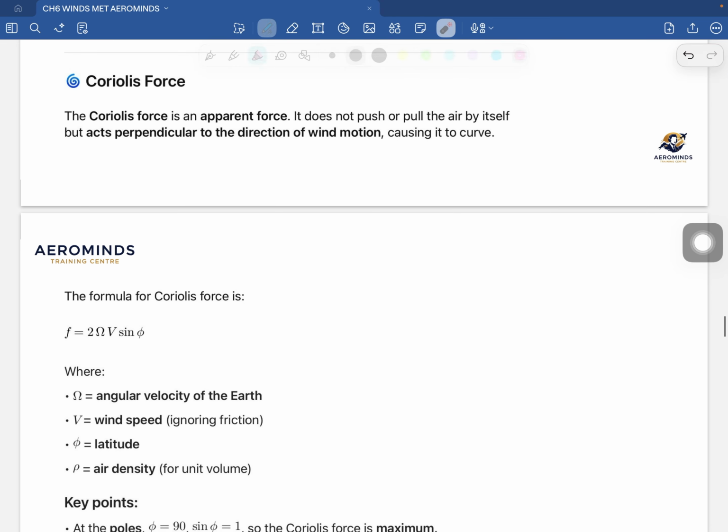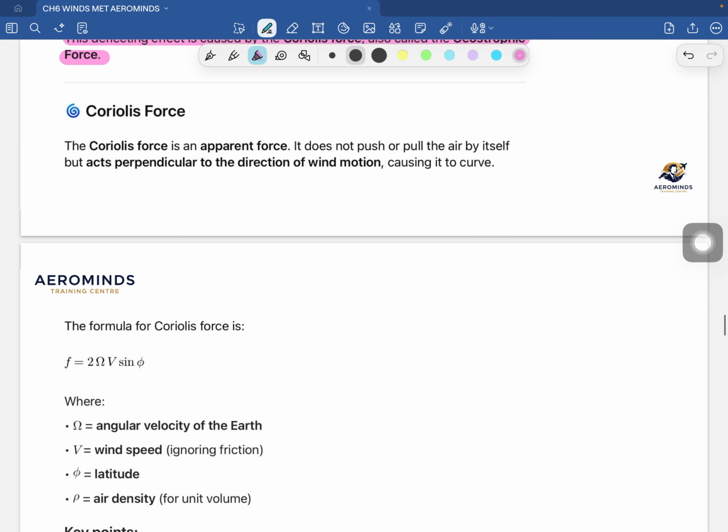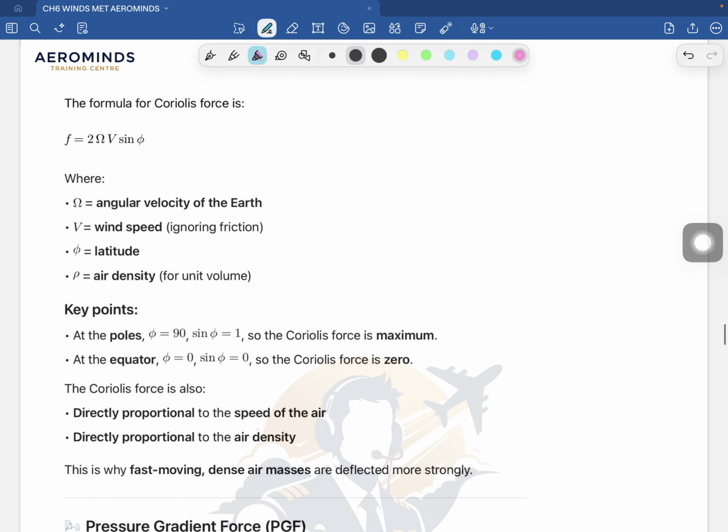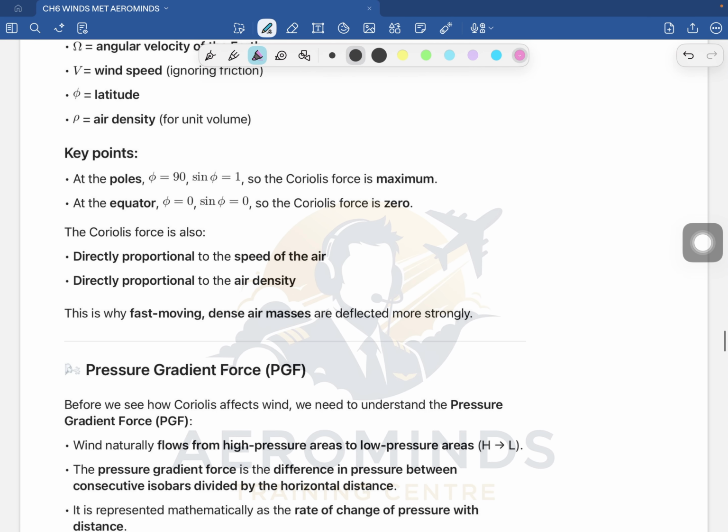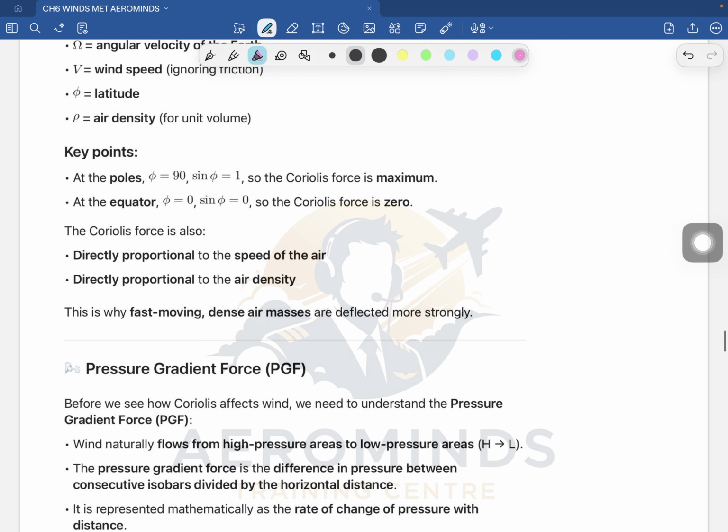So remember that Coriolis force is an apparent force. It does not push or pull the air itself, but it acts perpendicular to the direction of the motion, which causes it to curve. So remember this line. Then comes the formula. Also remember the formula: F is equal to 2 omega v sine phi. Then comes the key points.